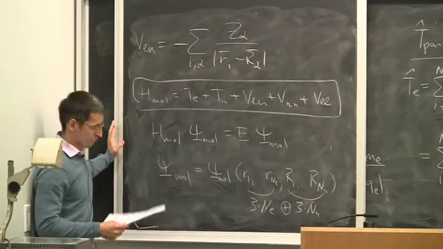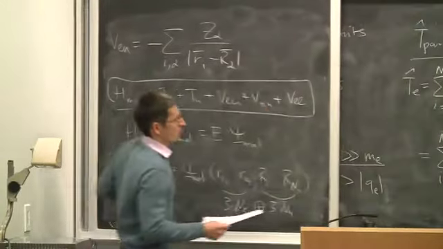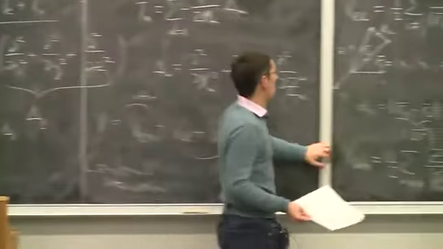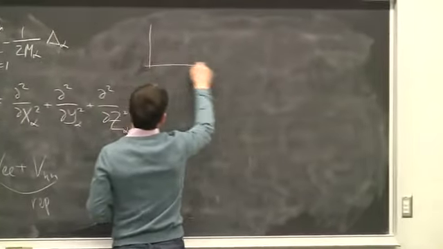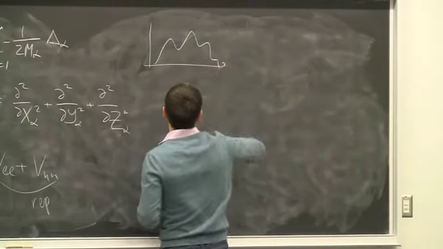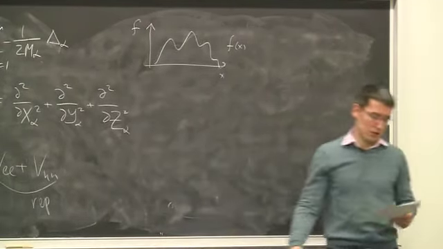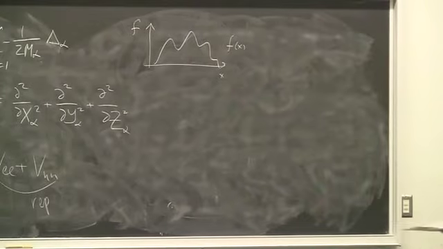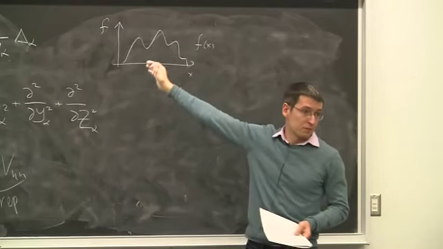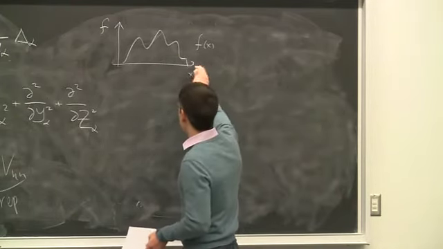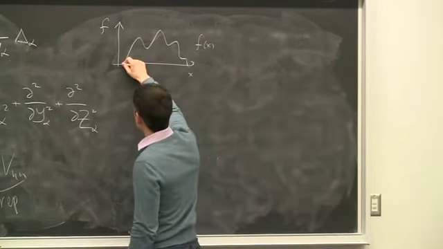Now, one way to see all that is if you were asked to characterize a function. So if I gave you some function f of x in one dimension, and I didn't give you the analytical form, just a plot, and you somehow want to store this information on a computer, what would be a natural way to store it?